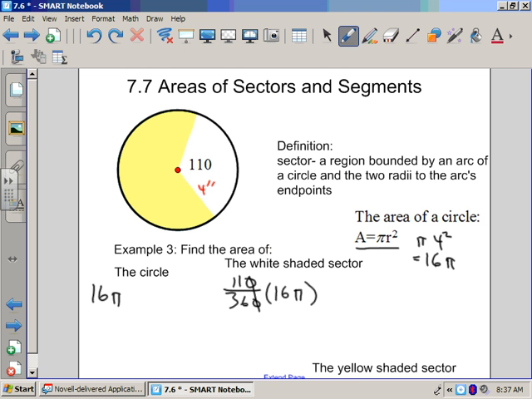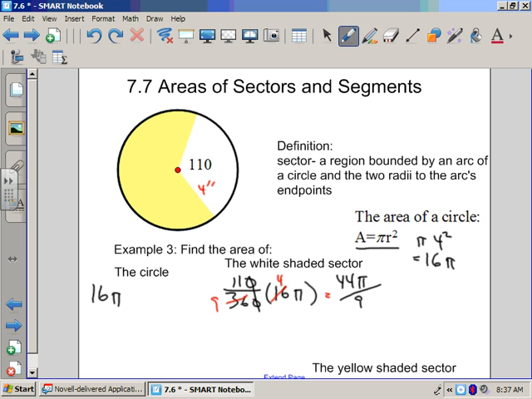Once again, I can divide both sides by 10. 4 goes into 16 4 times. 4 goes into 36 9 times. And my answer is going to be 44 pi over 9. That's the area of the white shaded sector.